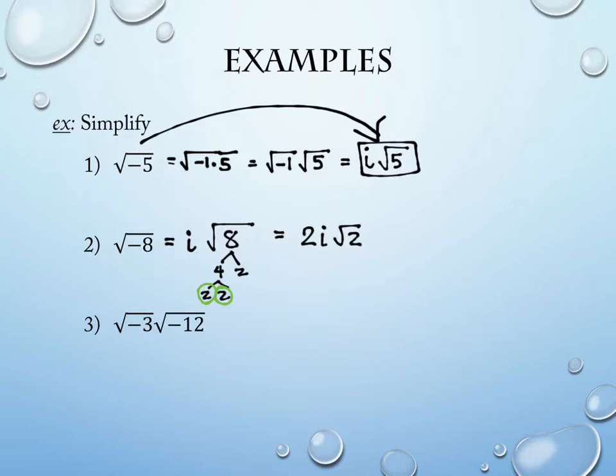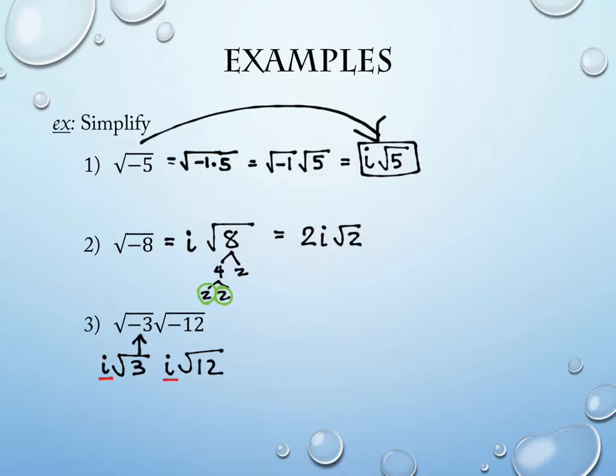So on this one, what you have to recognize is that there's a piece that's a negative that comes out, or an i that comes out, and it's square root of 3. And over here, an i comes out, and it's square root of 12. Okay, that's what it is. But now you'll notice that I have an i and an i.